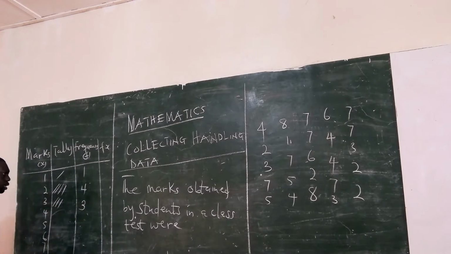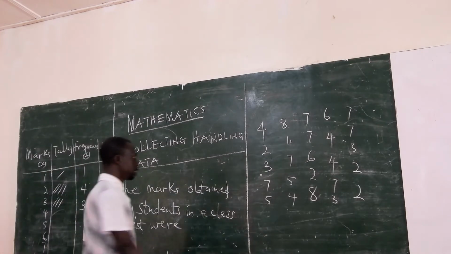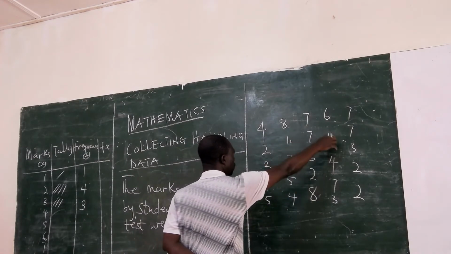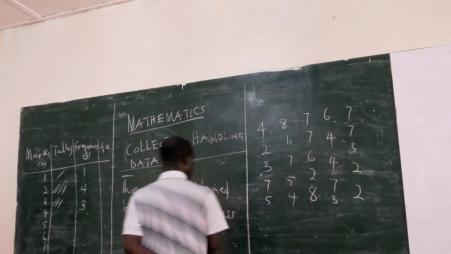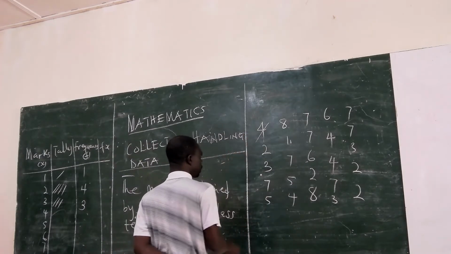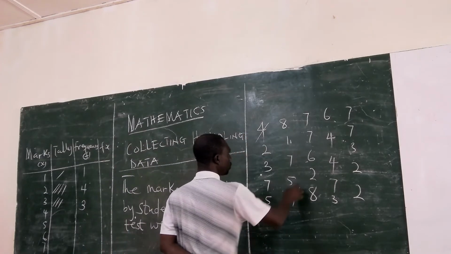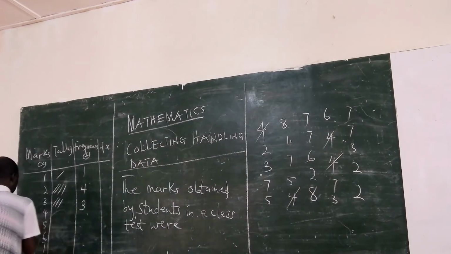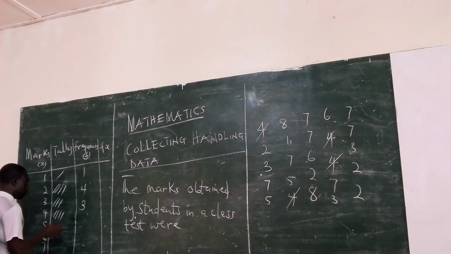And look at the raw data, how many 4s appear on the raw data. The 4s are 1, 2, 3, 4. So put 4 here.